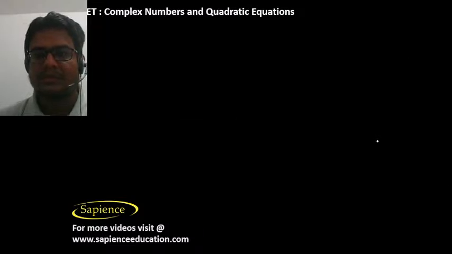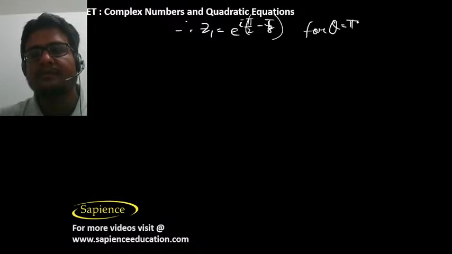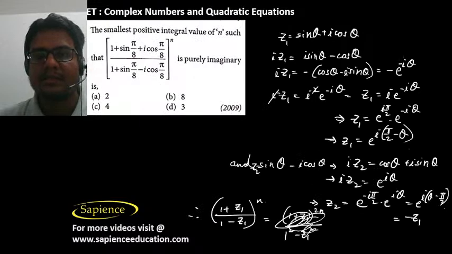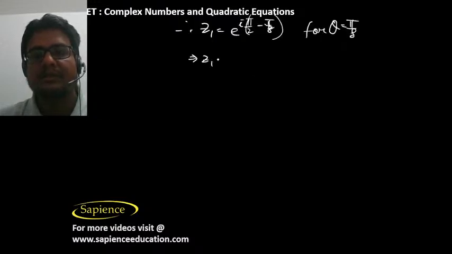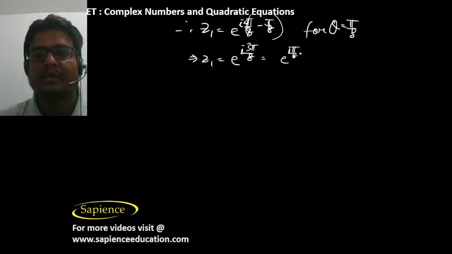So therefore z1 here is e power i (pi by 2 minus theta). So for theta equal to pi by 8, since here theta is pi by 8, therefore z1 is equal to e power i (4 pi by 8 minus pi by 8), that is 3 pi by 8.